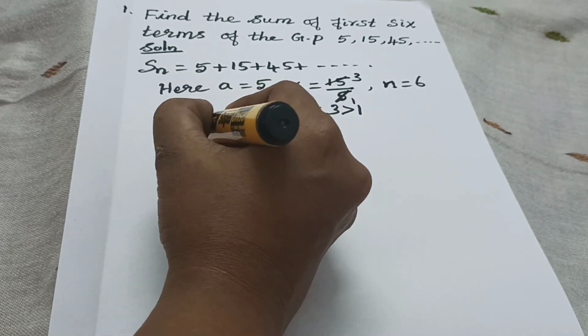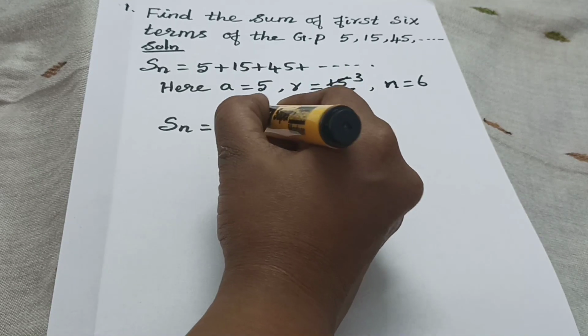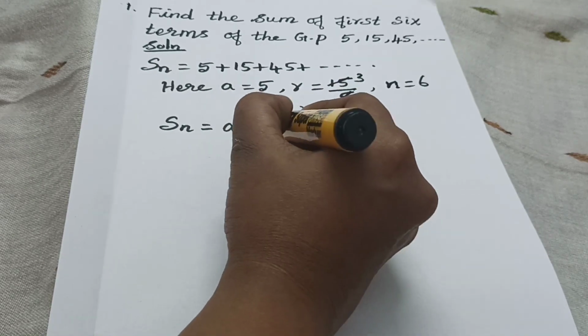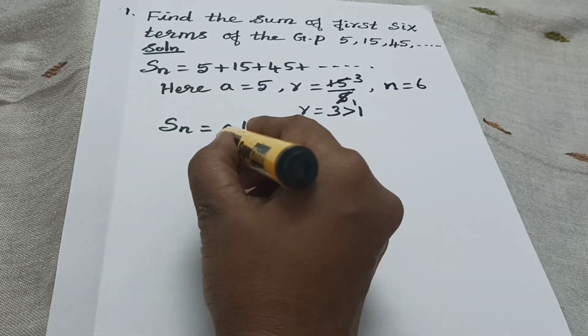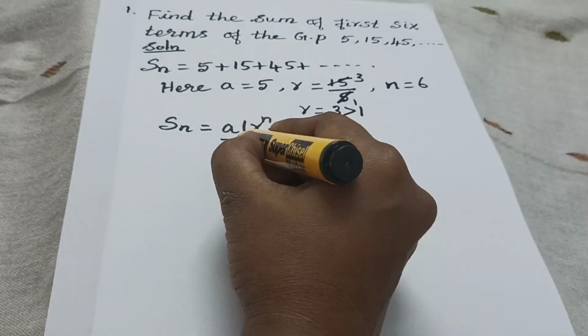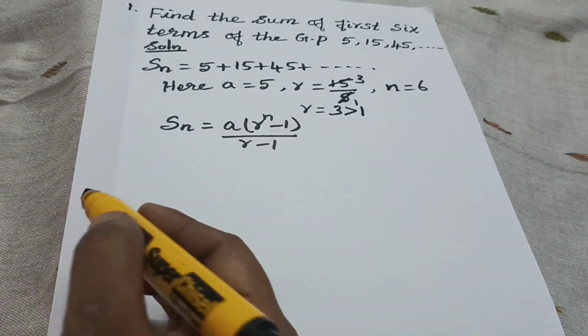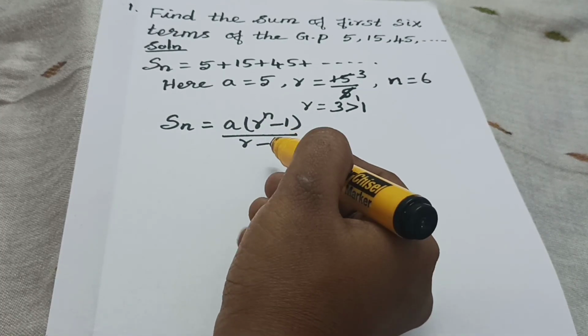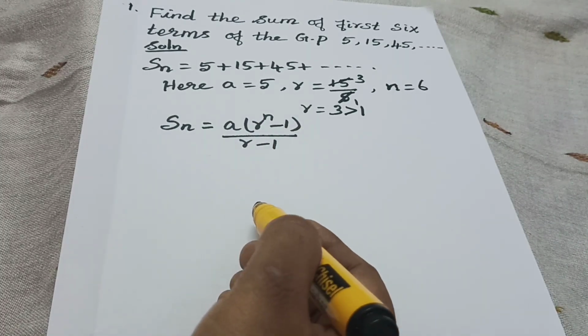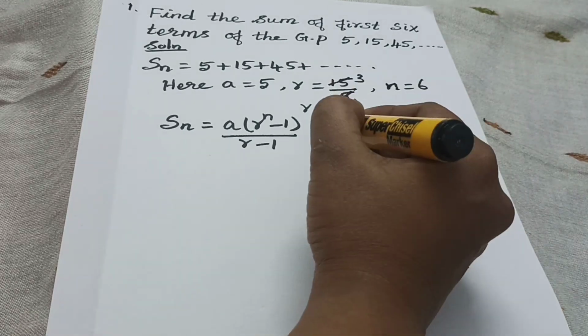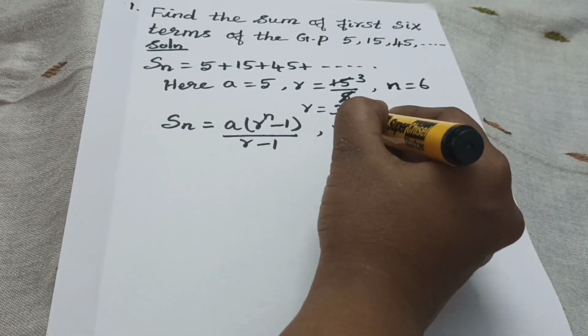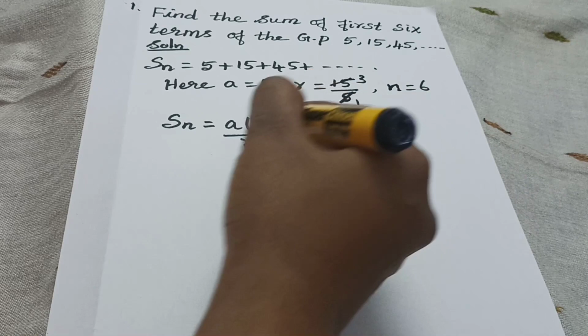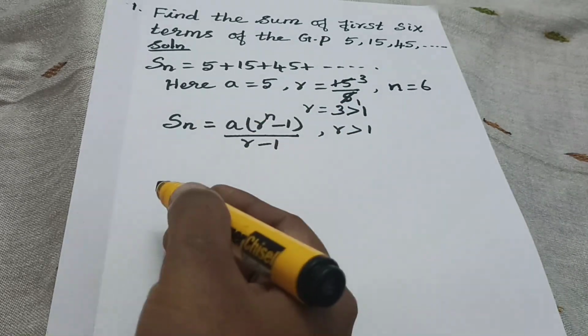Sn equal to a into r power n minus 1 divided by r minus 1. When r is greater than 1 we have to use this formula.